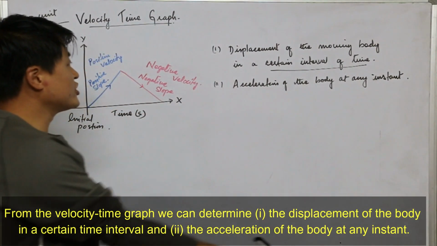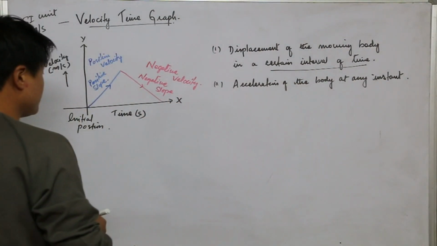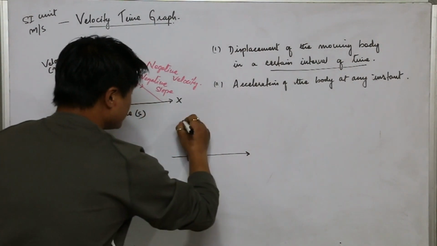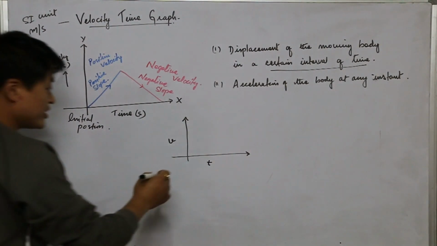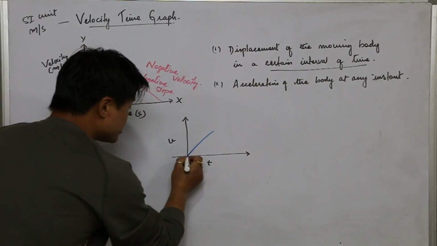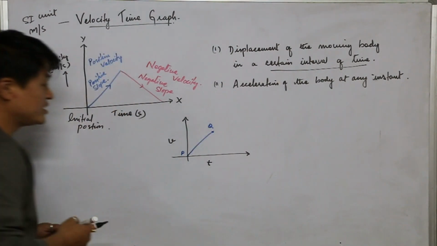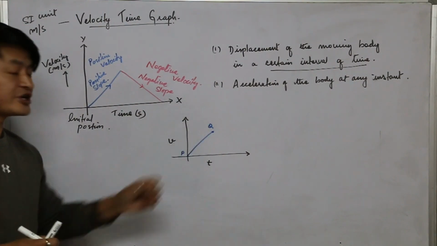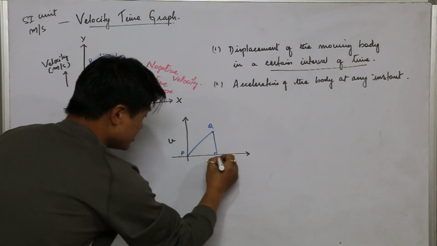Okay, so in order to determine the displacement, we require to find the area. So suppose if we have a graph here, okay, this is your time and this is your velocity. So if the body is moving in this direction, now from this point to this point, suppose we take this as P and this position we take as Q, now we have to determine the displacement of the moving body from P to Q. So if you drop a perpendicular, we will get a right angle triangle PQR.